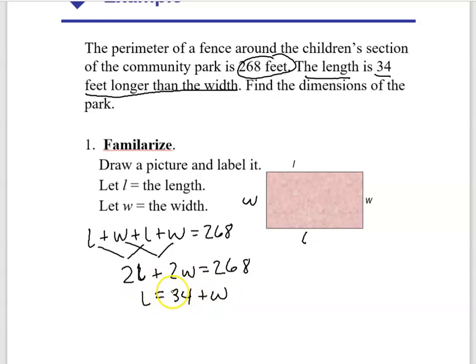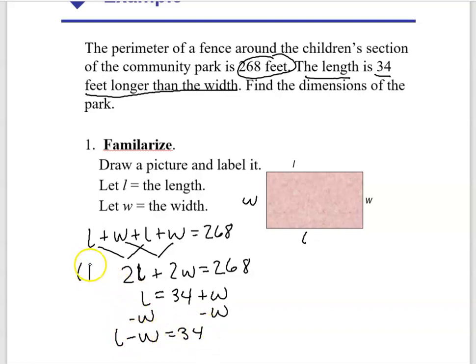Now the problem with this and how you've been solving them, now there's another way to solve it where you plug this in, but the way we've been solving them today, we would need to have everything lined up. So we would want the length and the width on the same side. So I could do that if I just subtract W and say the length minus the width is equal to 34.